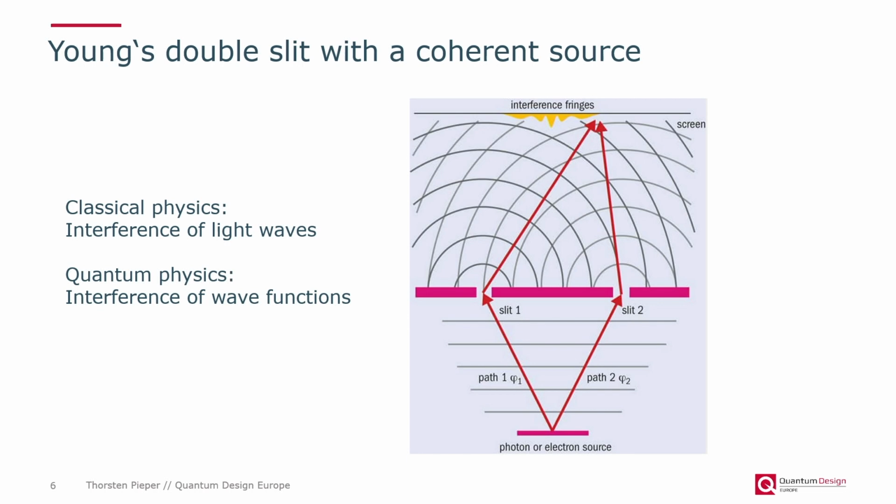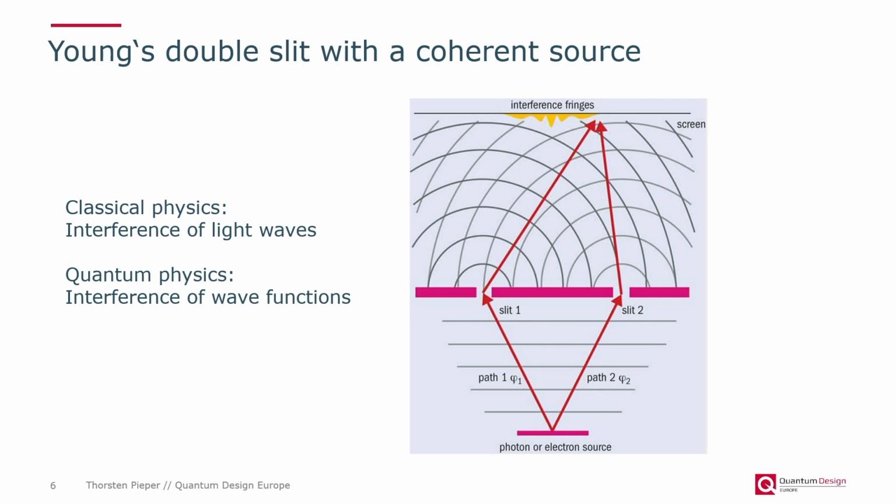But now imagine that you reduce the intensity to the single photon level. In this case, we cannot use the explanation from classical physics because it is not complete.